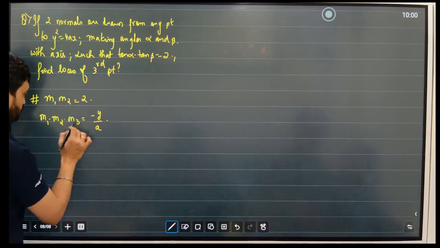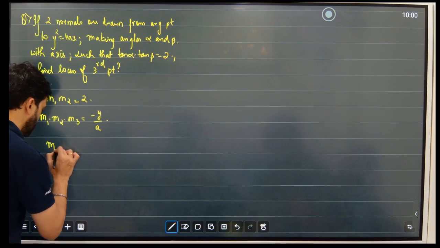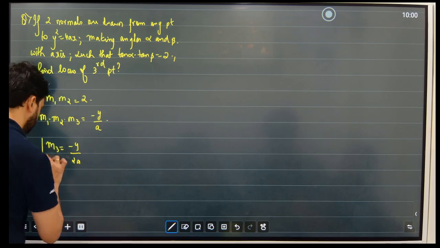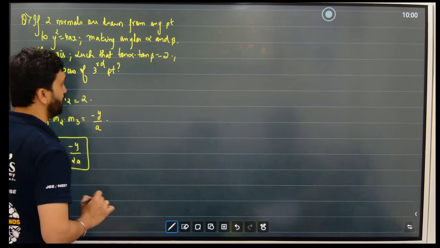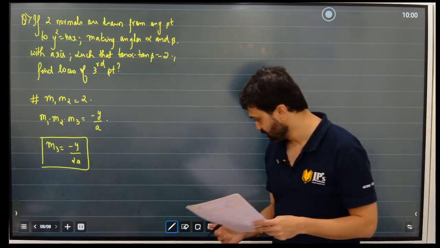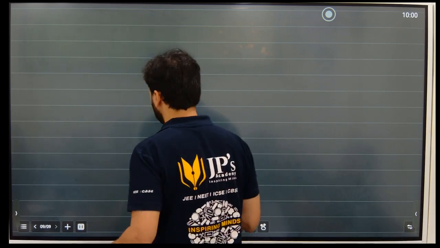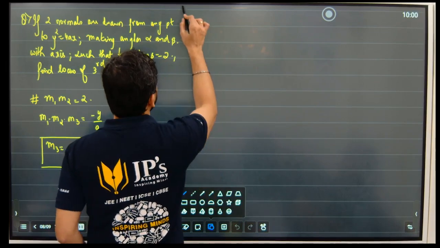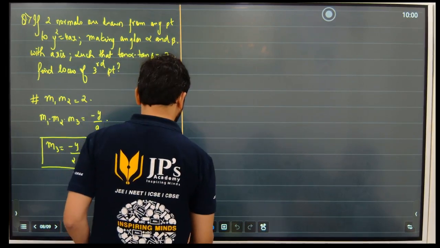And if I substitute m2 here, m3 will become minus y by 2a. Since I have got the value of m3, all I have to do is substitute it in the equation of normal.